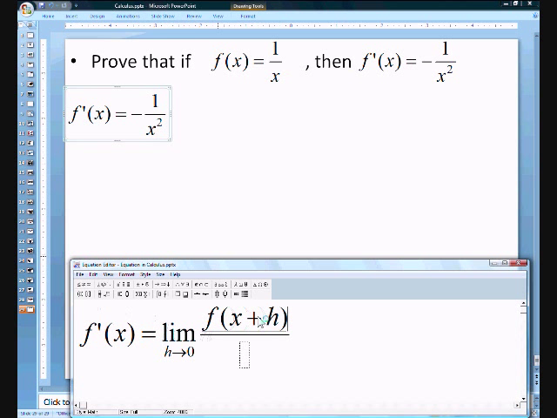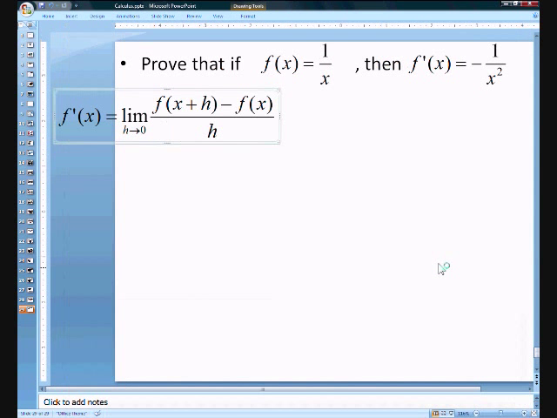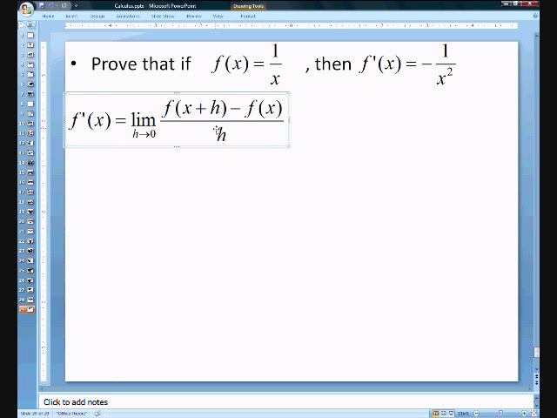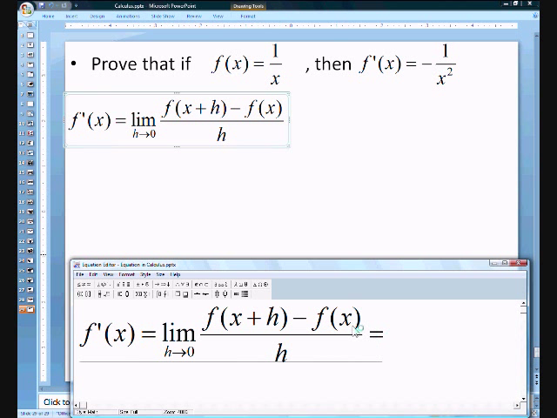I think on my next video I'm just going to have this prerequisite already here, and all of this is going to be over h. Alright, so now we just need to plug in 1 over x, right? So that's a simple task. So let's take our limit here, and now we're going to have a fraction and a fraction.